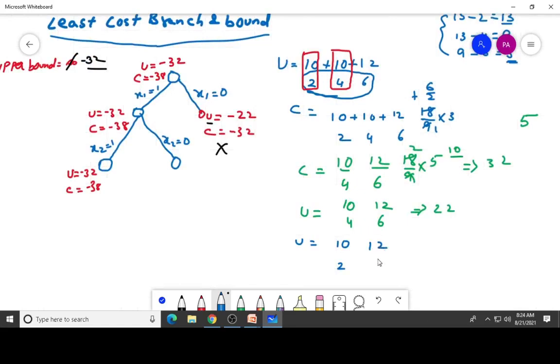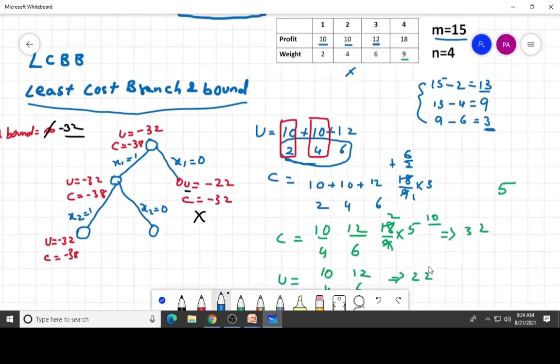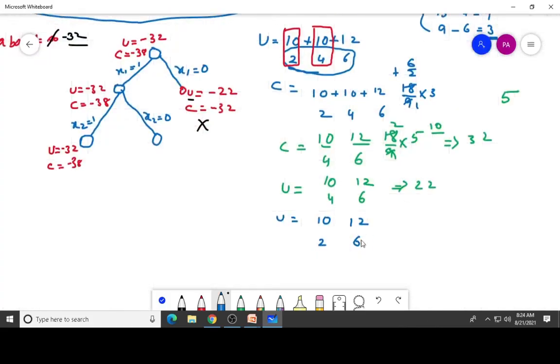Next one is 12, the weight is 6. 6 plus 2, 8. 8 plus 9, it will take the fraction. So here we cannot add here. Okay, we need to stop here because here we are going to get the fraction value.